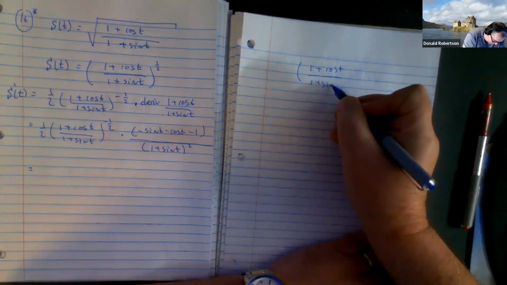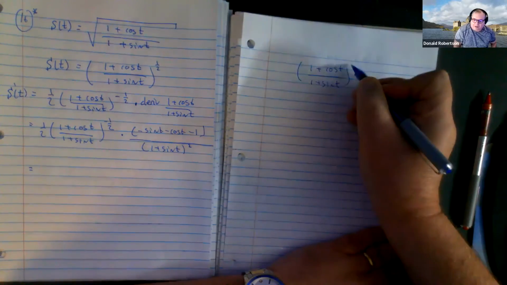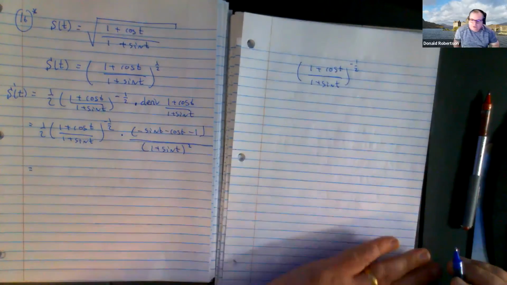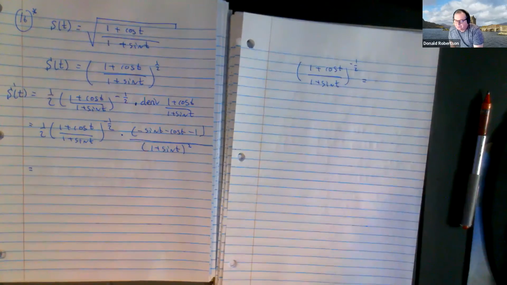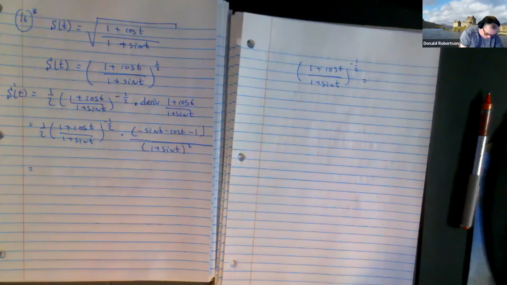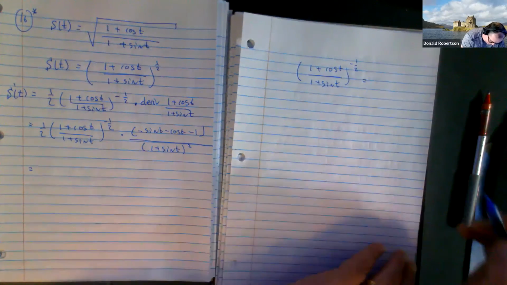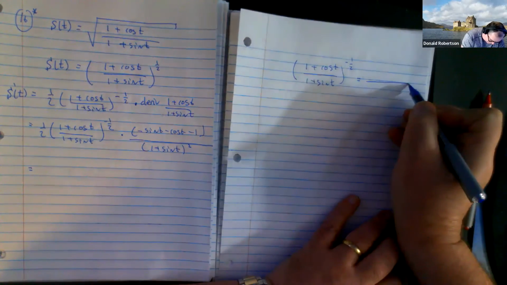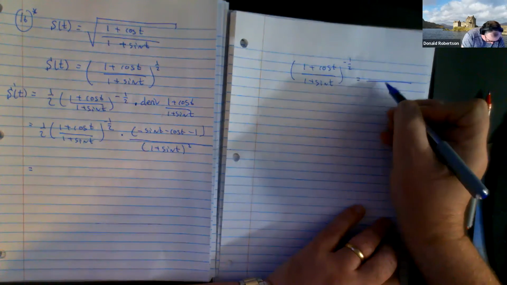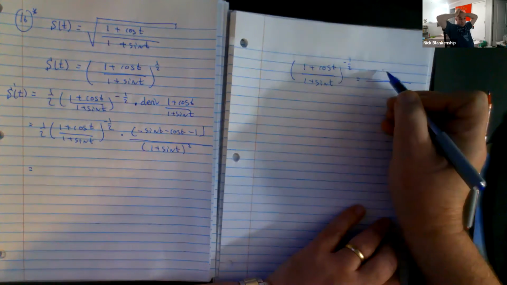I want to find a nicer way to write that. Okay, any suggestions about what we could do with a negative half power? Algebra, what can you do with a negative half power? You just flip the denominator and numerator and make it square root.